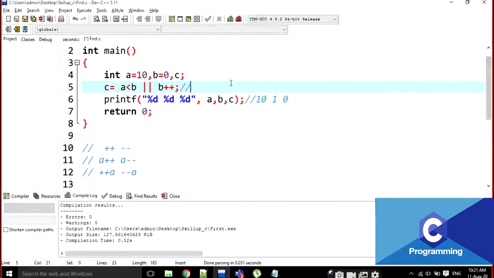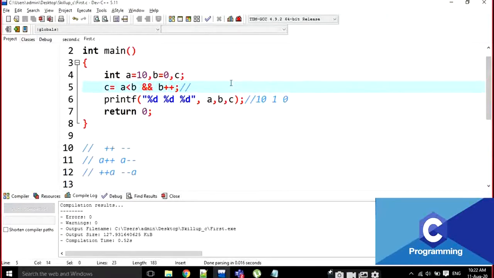Okay, B is 1, C is 0. Why? Because here B value is taken like this. This is the 0 here. False and false are false. Is it okay?